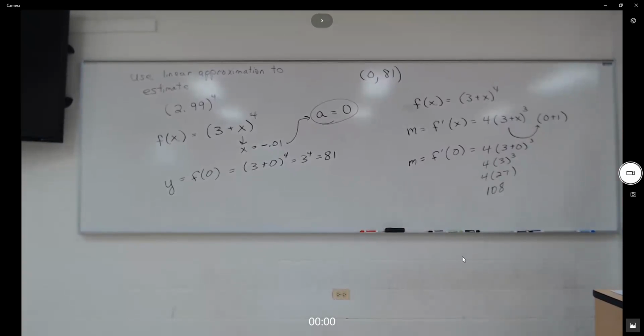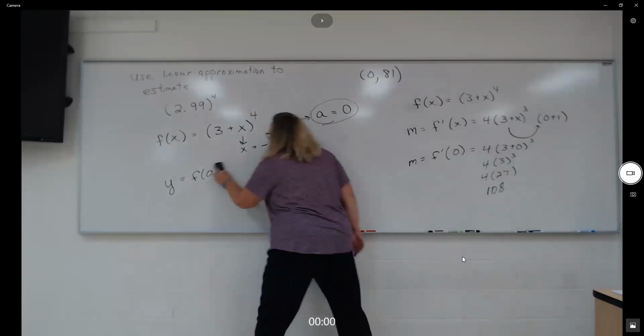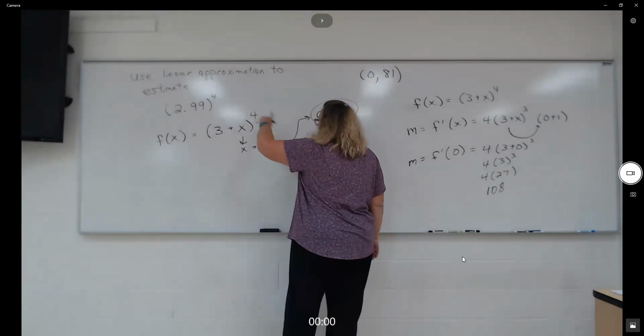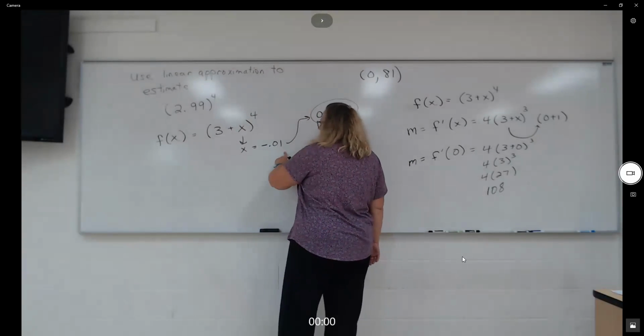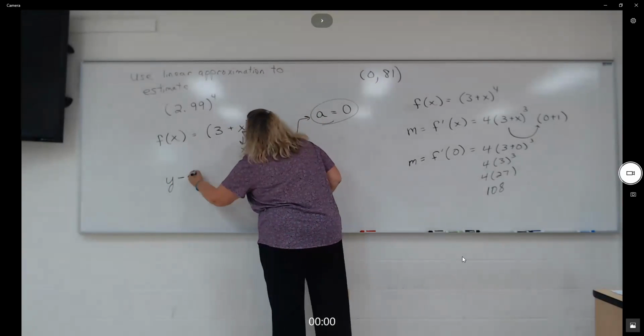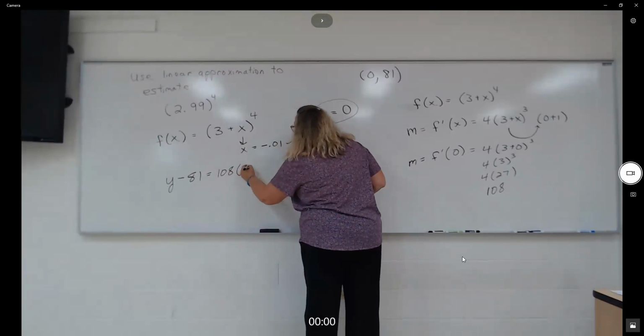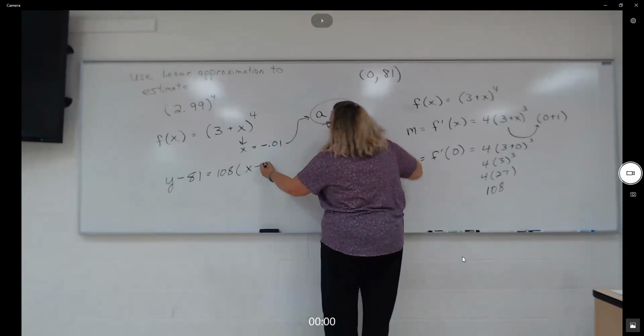Okay, let me just put it right here, because we might need some of this. We might need this again, right? So we're going to do y minus y1, which is 81, equals slope, which is 108, and then x minus 0.